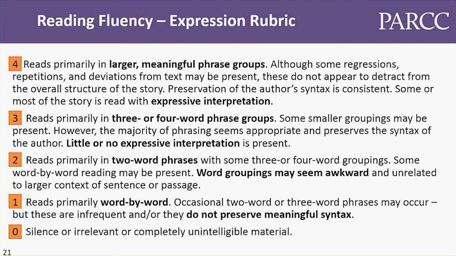So as students are moving in their work in fluency, obviously we want students to be at that level 4 where they're reading primarily in larger, meaningful phrase groups, but we know that some students may initially be reading primarily word by word, and we're able then to watch that progress through the various levels and know with some certainty that students are making the kinds of progress they need in order to be strong comprehenders of text, because we know that students who are not able to read fluently are unlikely to be able to comprehend at the levels that they'll need in order to master grade level comprehension skill sets as in the standards they are working with.